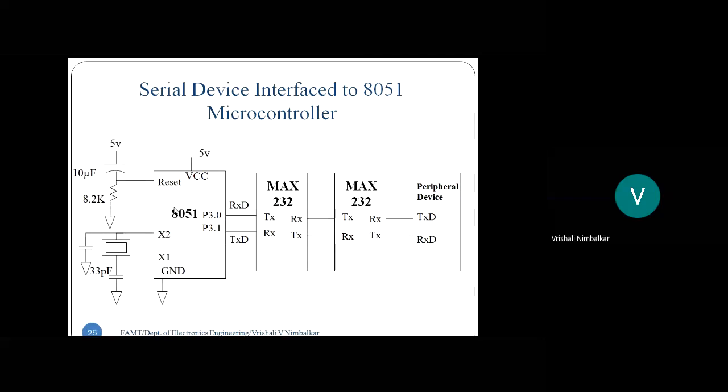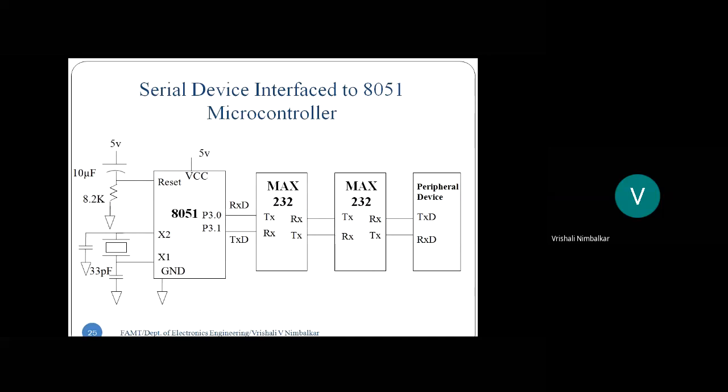You have the 8051 microcontroller, and with the help of the serial pins TXD, RxD, you will be communicating with the peripheral device. At the rightmost corner, I have shown that peripheral device. Either it will be only receiving or only transmitting. Now in between the microcontroller and the peripheral device, you can see two ICs named MAX 232.